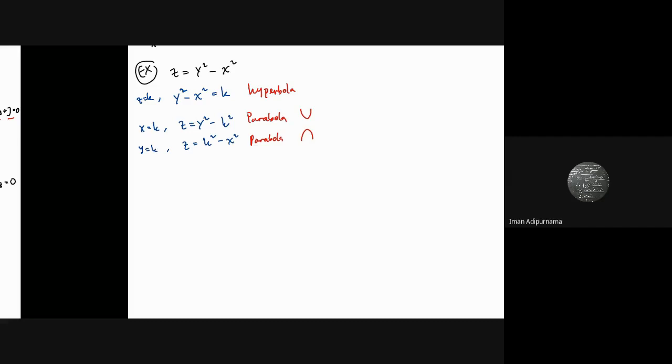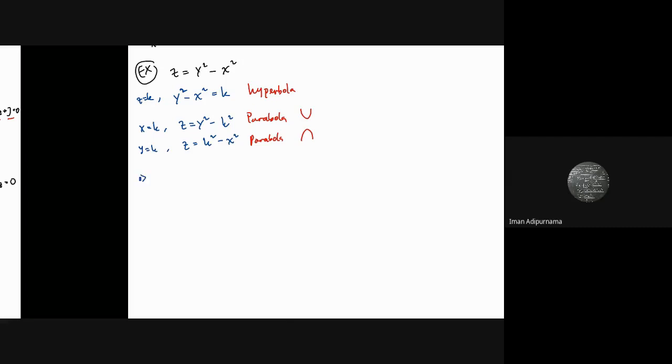Okay, now let me draw these three curves, and then let's combine all these three. It's going to be a little bit difficult, but let's try.